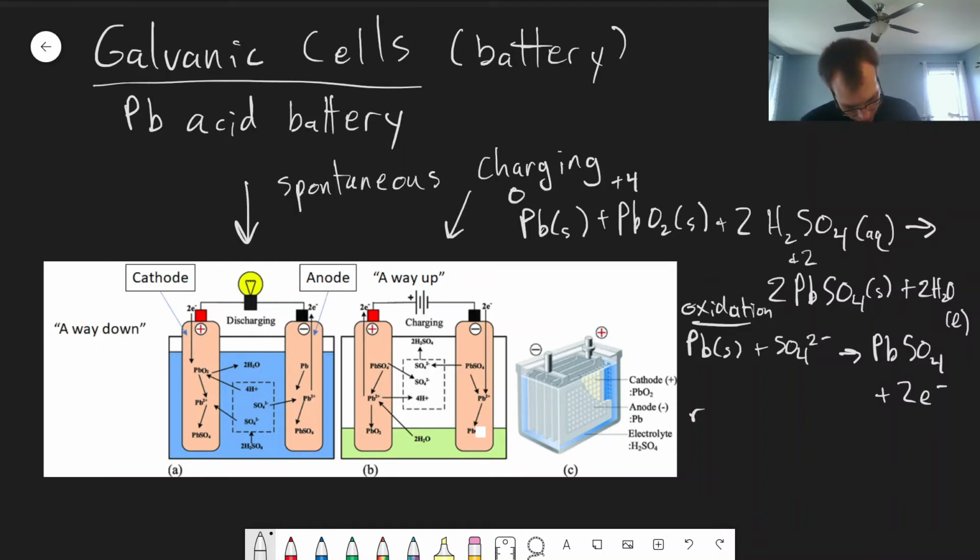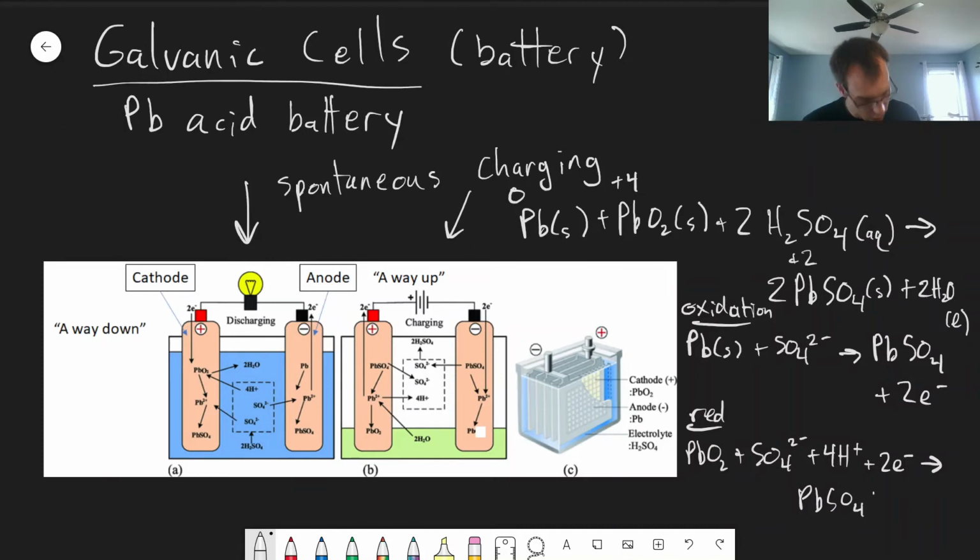And then the reduction half reaction is that we have our lead oxide plus sulfate plus 4 hydrogen ions plus 2 electrons, because we're doing reduction here, goes to our lead sulfate plus water.